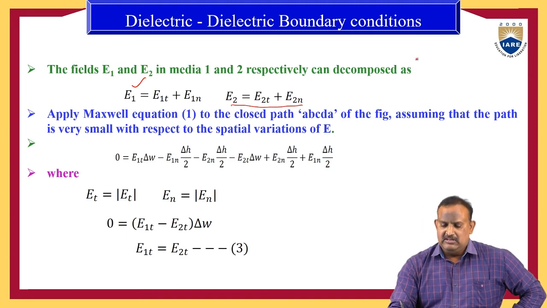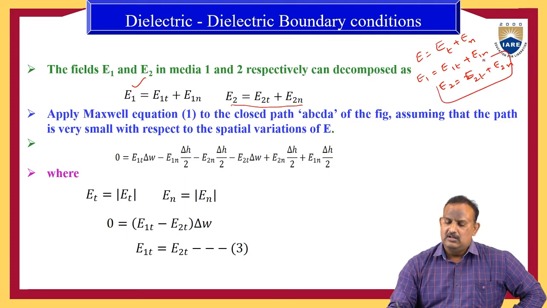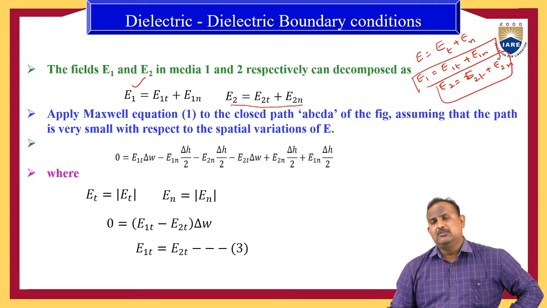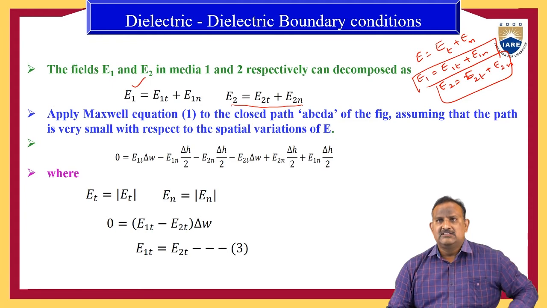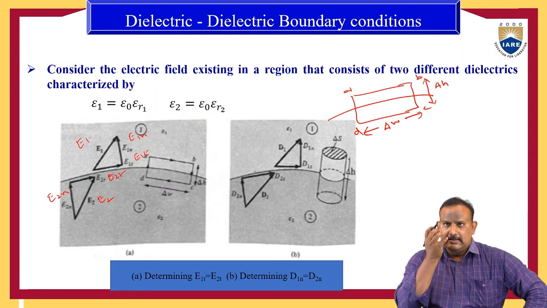I am splitting the total electric field into tangential and normal components. For media 1, E1 equals E1t plus E1n. For media 2, E2 equals E2t plus E2n. I am assuming two components, tangential and normal, and here I am applying the Maxwell equation to the rectangular box.